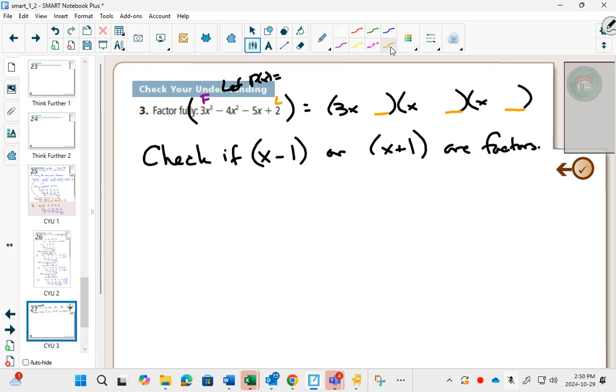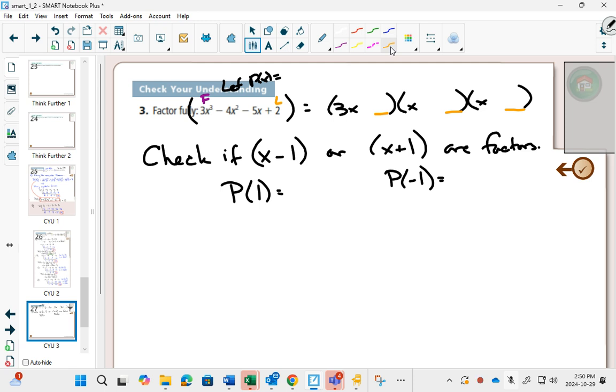We'll start with those ones. If you find one that is a factor, then you can use synthetic division and solve it. I mean, you can find out if it's a factor with synthetic division as well, but if you use 1 and negative 1, can you see how easy it is to figure out P of 1?